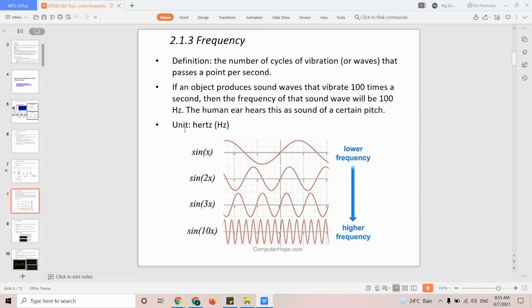This is represented by a unit which is hertz. At a low vibration, meaning there is not so much vibration per second, it will be at a lower frequency. And at a higher frequency, you have a higher number of cycles.